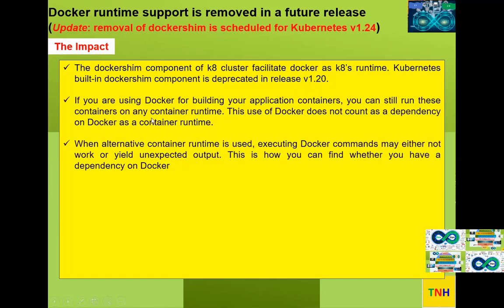That is the announcement. If you are using Docker for building your application containers, you can still run these containers on any container runtime. That's fine because this is not a barrier for composing images on Docker. This use of Docker does not count as a dependency on Docker as a container runtime.